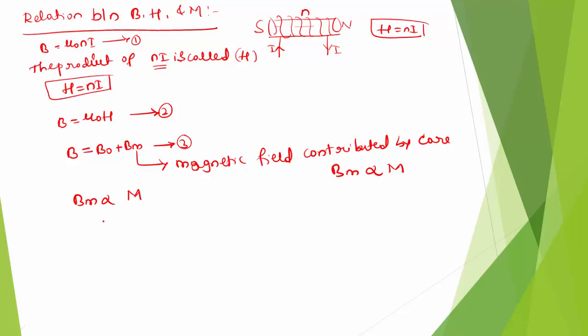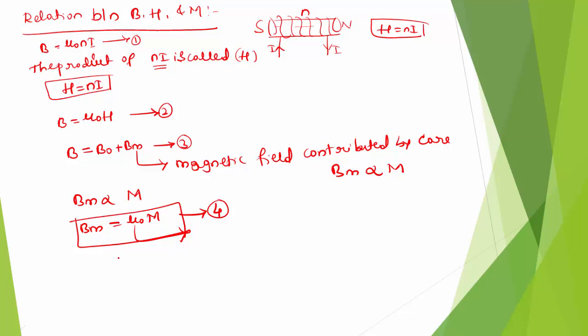Bm is directly proportional to M, and therefore Bm is equal to mu naught into M. This is equation number 4. Mu naught means it is the permeability of free space or vacuum.